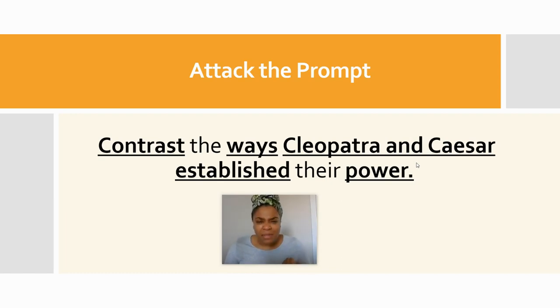That means I'm telling the difference of something. I need to have different ways between Cleopatra and Caesar, and we're talking about how they established power. At this time, go ahead and mark your prompt. You can look at my prompt on the screen, but make sure that you have marked and illustrated the keywords that stick out in our prompt for today.